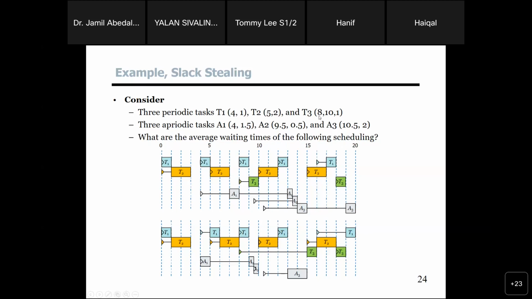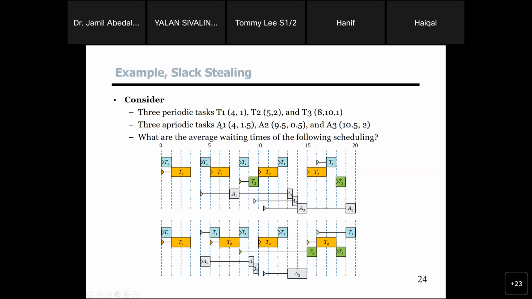Okay, students? Understand now how to differentiate? Understand, sir. Okay. So we have 3 periodic and we have 3 aperiodic tasks. A1, 4, and 1.5. So for aperiodic is different. 4 represents the release time. 1.5 is the execution time.